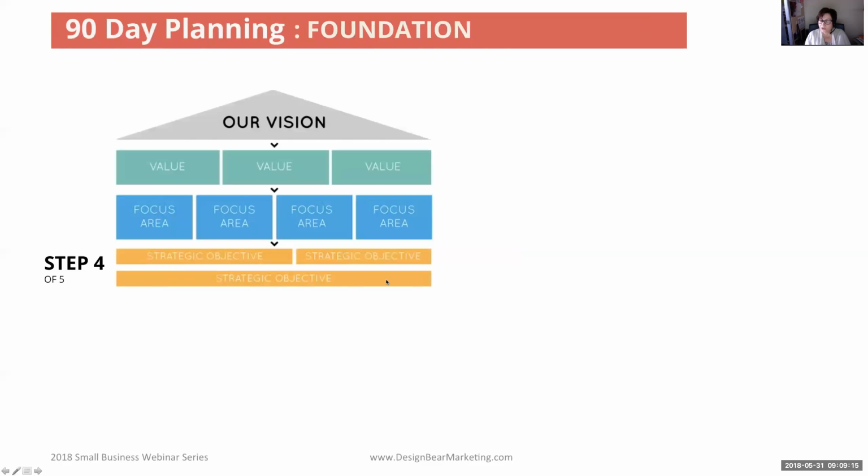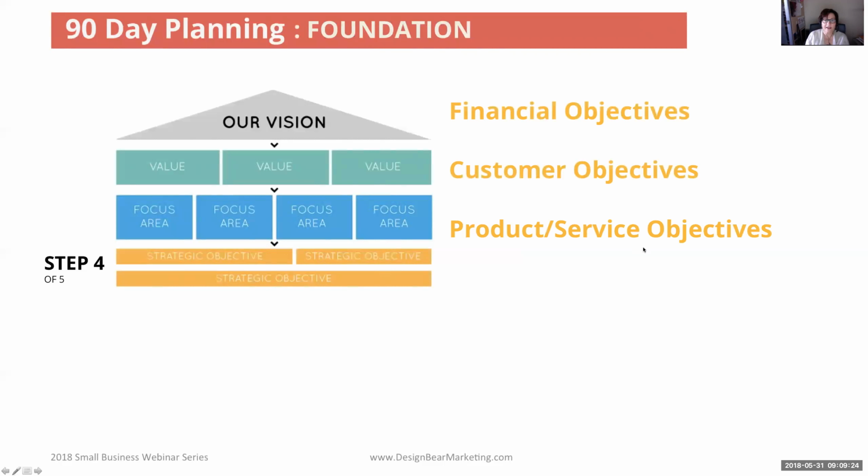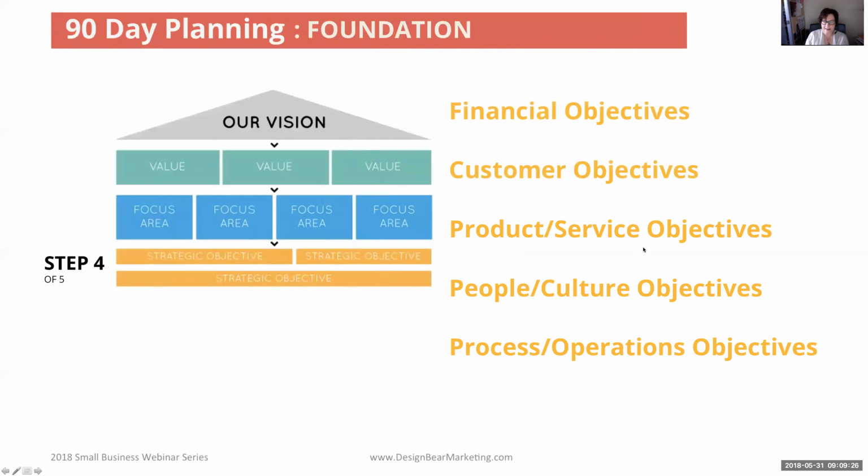Step 4 is your strategic objectives. All right. These are obvious. You have financial, customer, product, service, people, culture, and processes. These are the things that you, as the owner, as the director, as the manager, sit down and say, this is what we owe. This is what we sell things for.